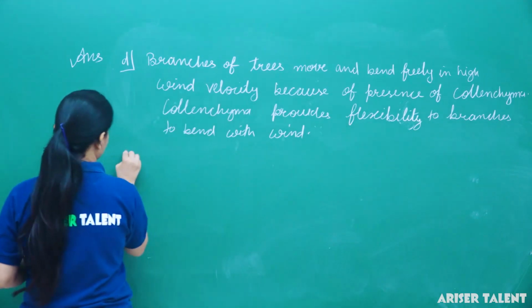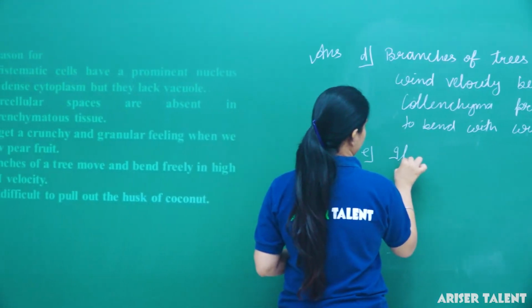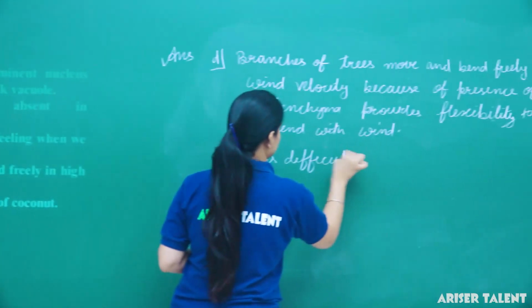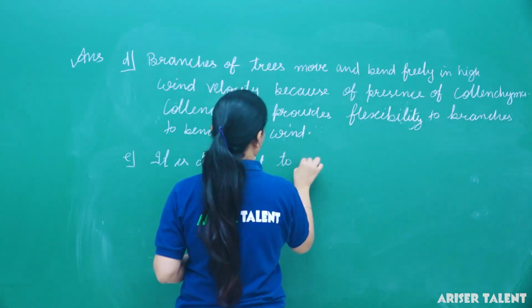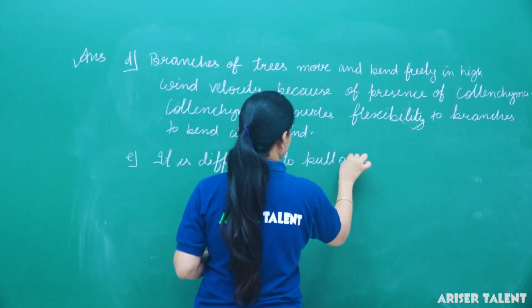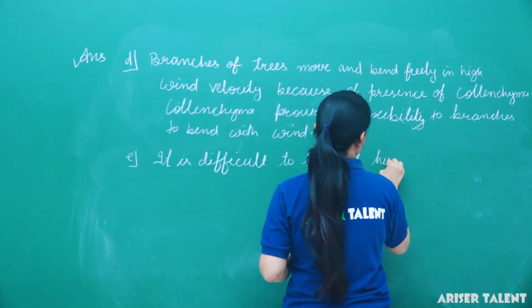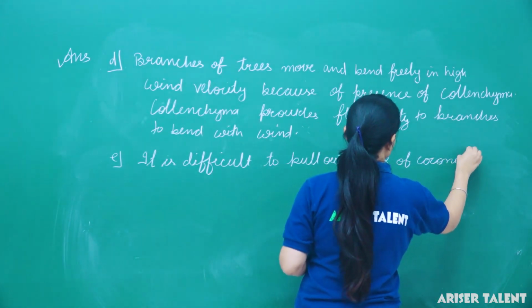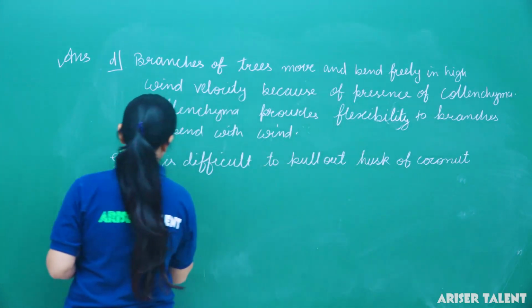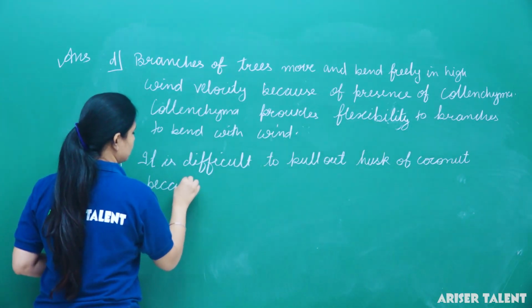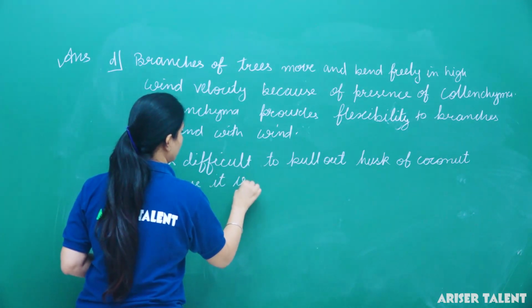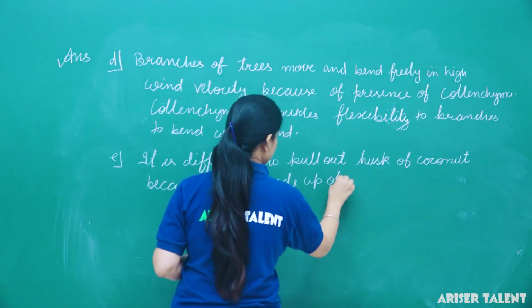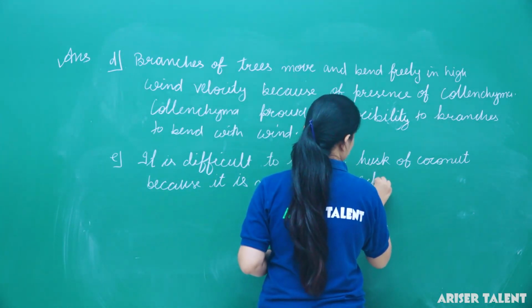Next is, it is difficult to pull out husk of coconut because it is made up of sclerenchyma.